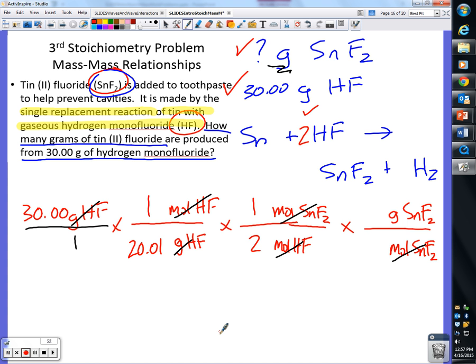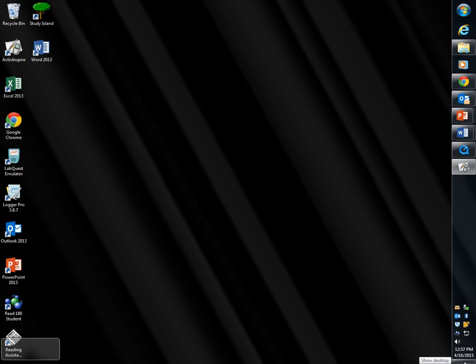Good there? All right, now let's go over here. Last conversion factor, we have to convert moles of tin fluoride into grams of tin fluoride. We're going to use what to do that? The molar mass. The molar mass is the mass of 1 mole, so mole gets a 1. And we get this number here from where? The periodic table.